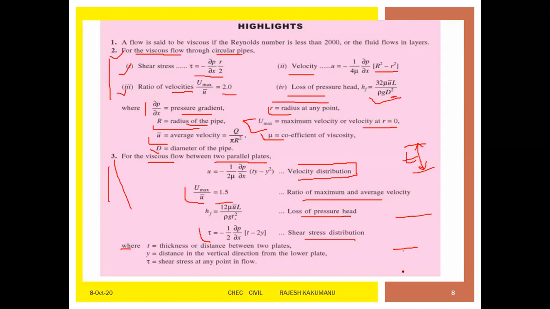Tau is the shear stress at any point in the flow. So the second point is the Hagen-Poiseuille circular pipes formula, and the third is the parallel plates formula.